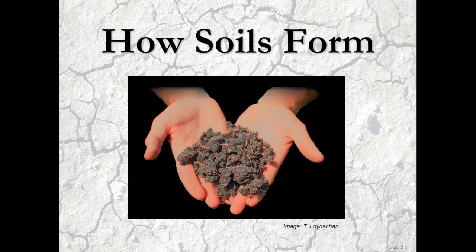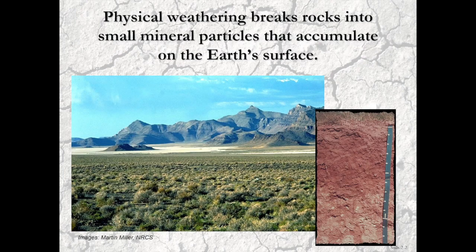So if we're considering how soils form, I want you to think about holding some dirt in your hand and looking at what it actually is made of. Again, the components of that soil really can tell you how it was made. It all starts with physical weathering. Those rocks break down, exposed to the wind, exposed to rain, exposed to temperature changes.